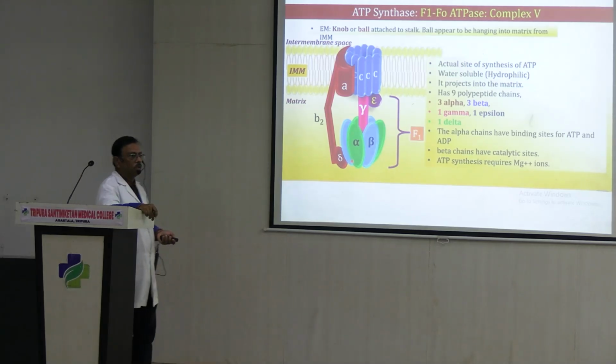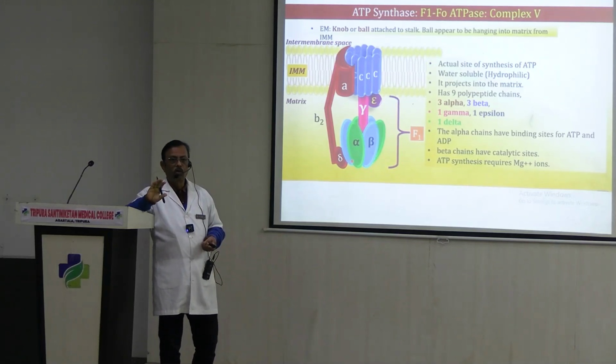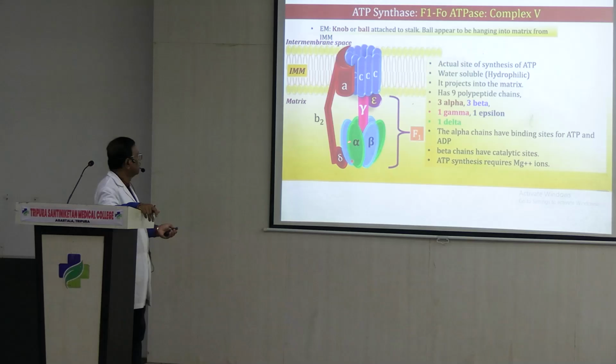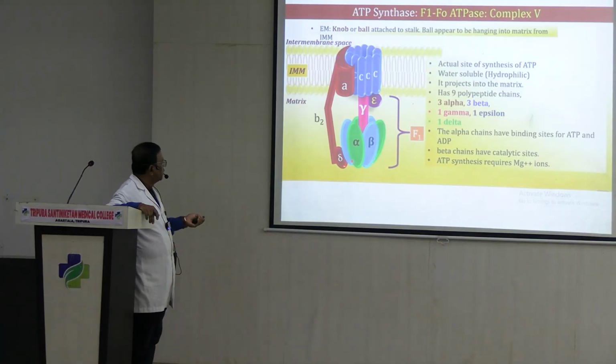Actually, it remains in the form of 3 alpha-beta subunits. 1 alpha, 1 beta will form 1 dimer. Likewise, 3 dimers are there. So there are 6 subunits here. Then gamma, which is attached with the FO, and epsilon. 1 epsilon, then 1 delta.